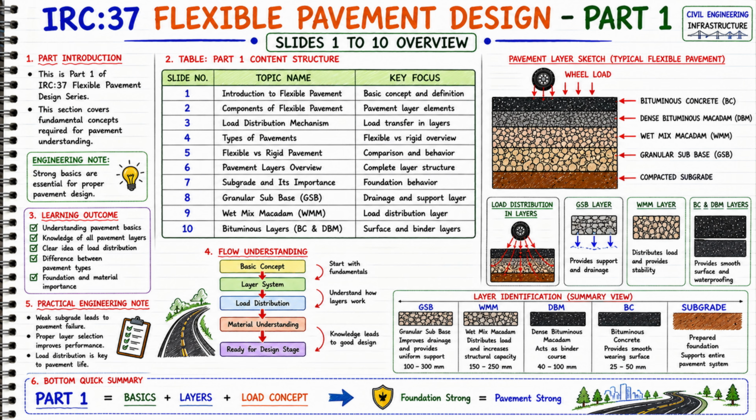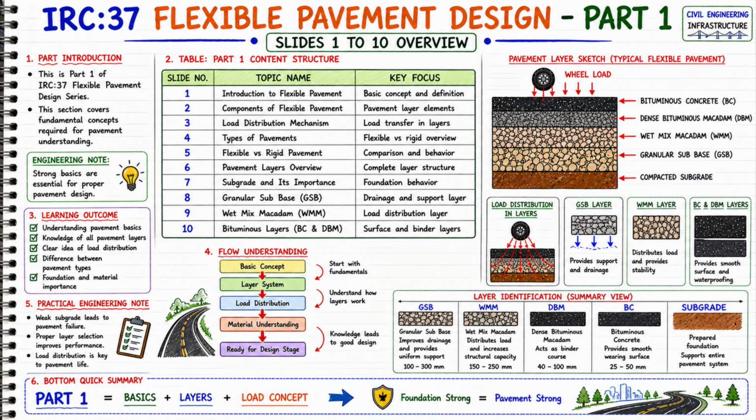Components of flexible pavement in Slide 2. That is, what are the pavement layers? Load distribution mechanism in slide 3. That is, how the load is transferred between layers. Types of pavements in slide 4. That is, overview of flexible and rigid pavement.